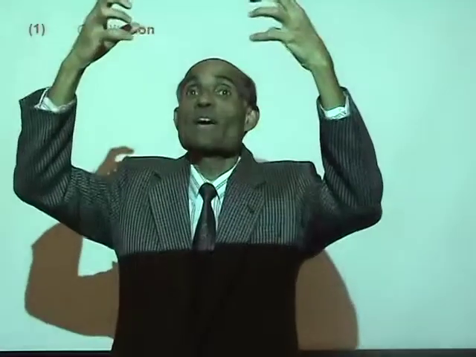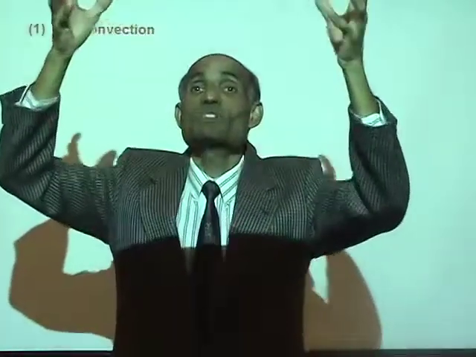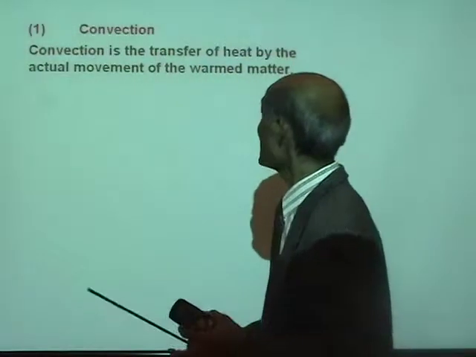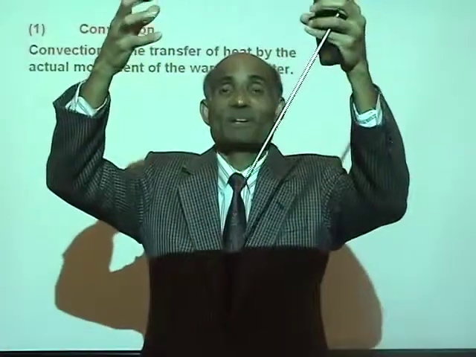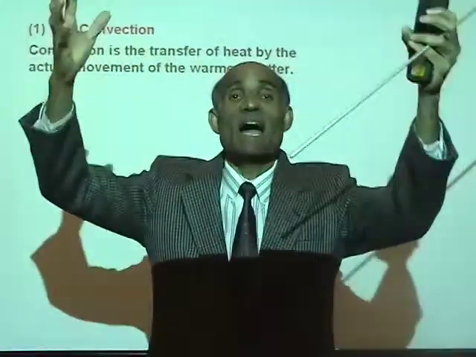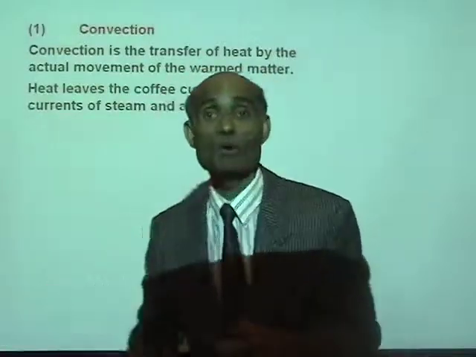You see, cold air will come to receive heat and then move away. More cold air will come, receive heat and go away. This is called convection current. So, convection is the transfer of heat by the actual movement of the matter. You see, cold molecules will move in to receive heat and move away. The actual movement causes a current, a flow.